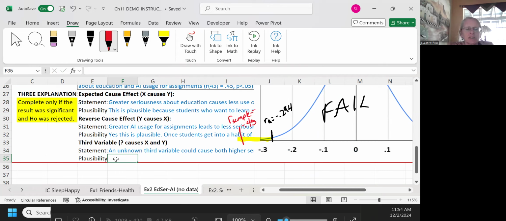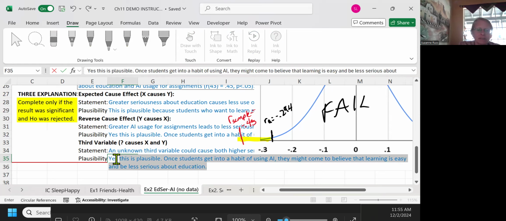And maybe it could be like career orientation. For example, I'm thinking that someone who is really serious about getting a career as a psychologist would recognize that they need to learn a lot, and then they would use AI less. So I'm going to posit that a person who has that career orientation, I'm going to say, yes, this is plausible.